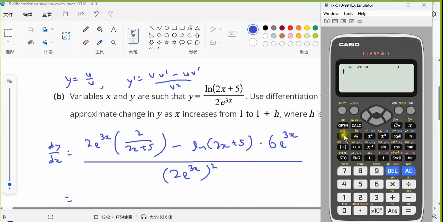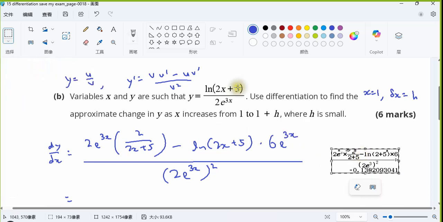So we will have this: 2e^3 times 2 over (2 plus 5) minus ln(2 plus 5) times 6e^3 over (2e^3) squared.